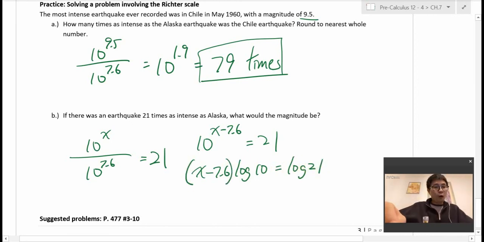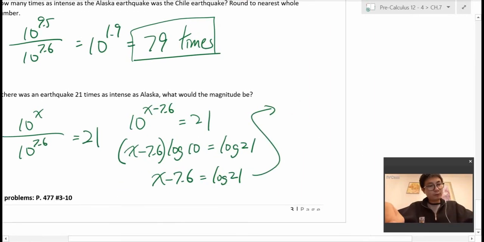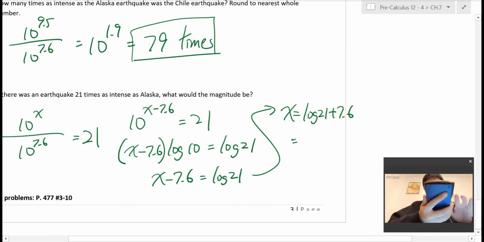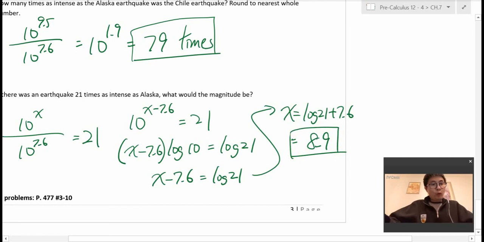Hopefully by now you know that log 10 is simply 1 because it's base 10. So we have x minus 7.6 is equal to log 21. Therefore, to solve for x, we take log 21 and add 7.6, which we can put into the calculator. Log 21 is 1.3, so plus 7.6 gives us 8.9. So 21 times as intense means the difference in the magnitude would be 1.3.